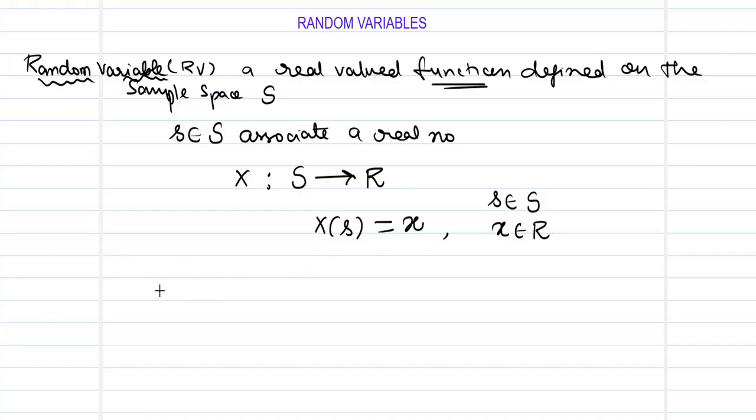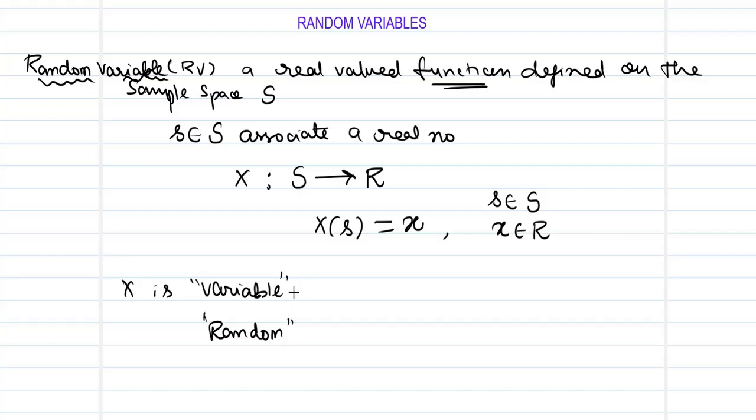X is a variable. What do we mean by variable? It takes different values at different points of time. Then you call it a variable. Next, the term random. What does this mean? Randomness means it keeps on changing depending on a certain probability.